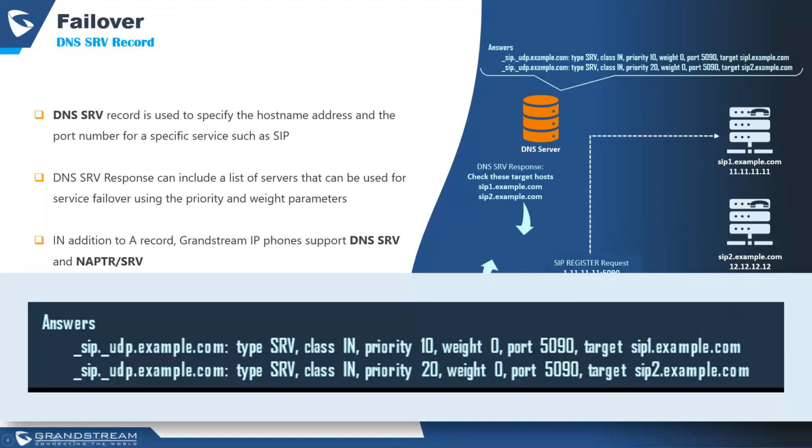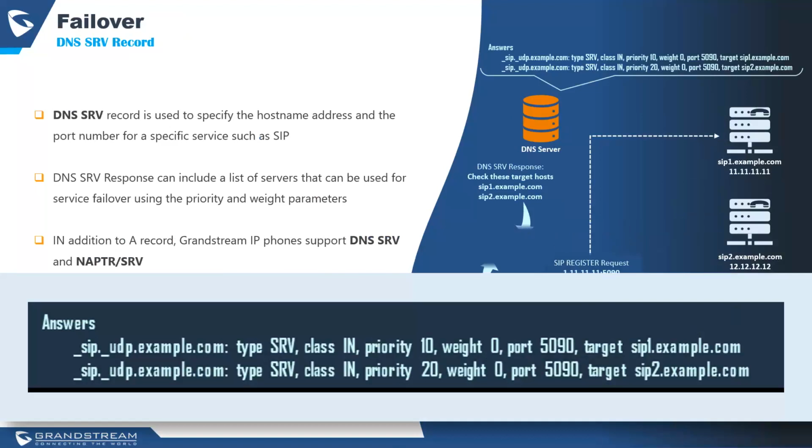And if we look at the information inside the DNS response, we will find some other information like priority, weight, and the port number for the service. Here it shows that the SIP server uses port 5090 for SIP. So the IP phone needs to use the destination UDP port 5090 to talk to the SIP server.